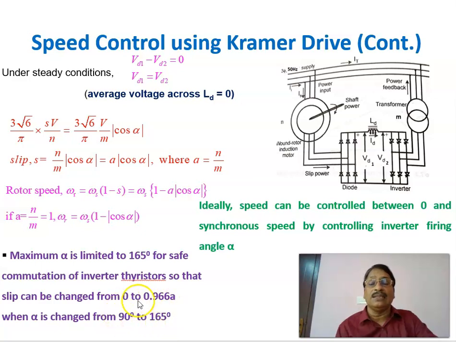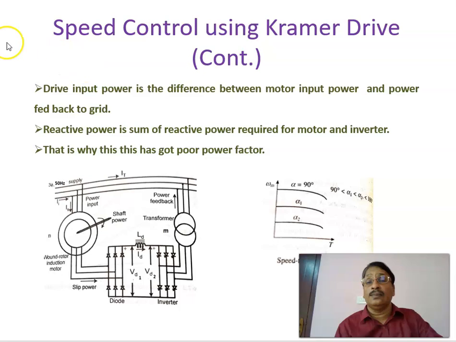Therefore, by changing the firing angle of this inverter, you can vary the speed of the slip ring induction motor, that is omega can be changed. That is what is done in Kramer drive system.